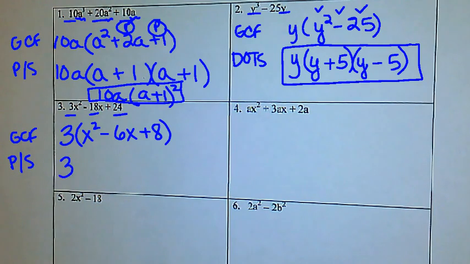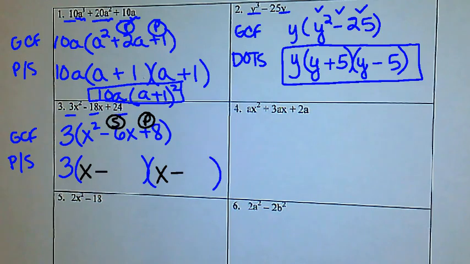Okay, so open up those two sets of parentheses, and again, ask yourself what multiplies to positive 8 and adds to negative 6. So I have an x and an x. So they're both going to be negative, because I have a positive product and a negative sum. So I'm going to get 4 and 2. That's my final answer.